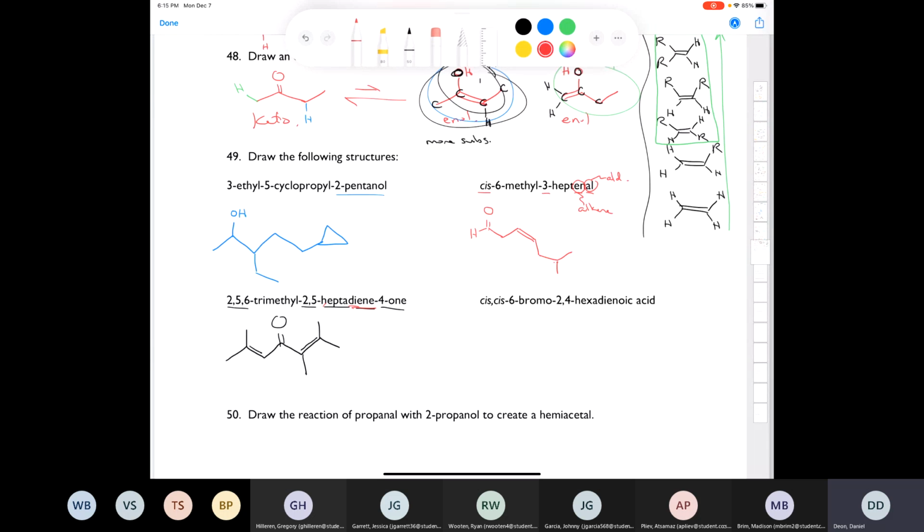Last one is cis-cis-6-bromo-2,4-hexadienoic acid. So look, my parent here is hexanoic acid. And it's got a diene, so I've got 2 double bonds, one at carbon 2 and one at carbon 4. This one's kind of tough too. Look, you've got 1, 2, 3, 4, 5, 6 carbons.